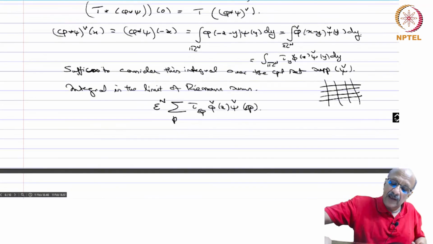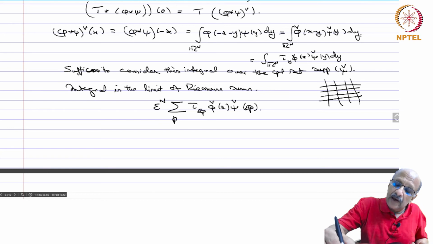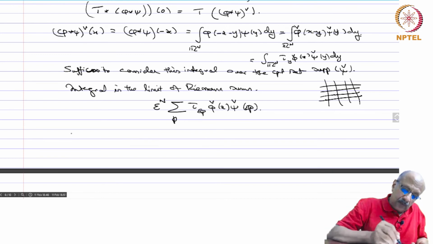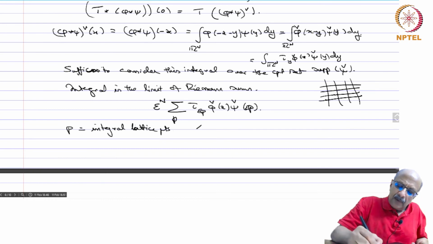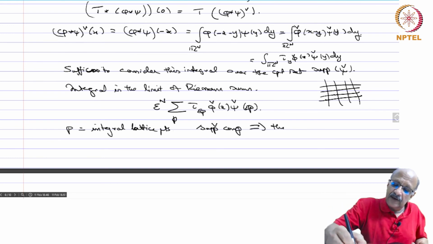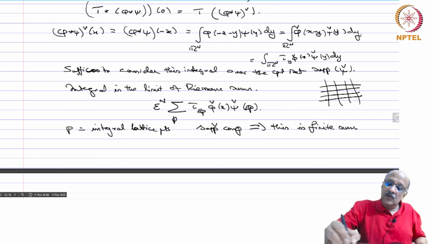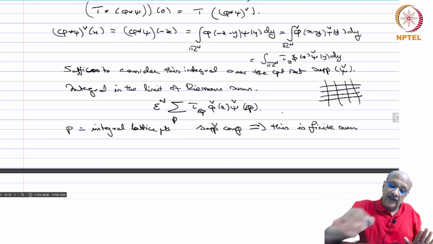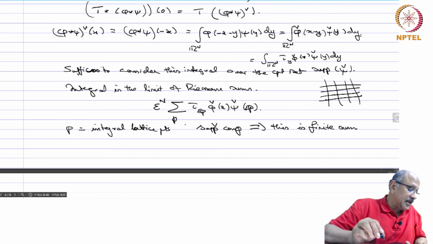I am just replacing it as a Riemann sum, evaluating at all these points which are the integral lattice points. But the support of psi chesh is compact, which implies this is a finite sum, because it is a compact set. Only a finite number of integral lattice points will be there, all the others will be 0, and therefore I can just ignore them, and this is essentially a finite sum.